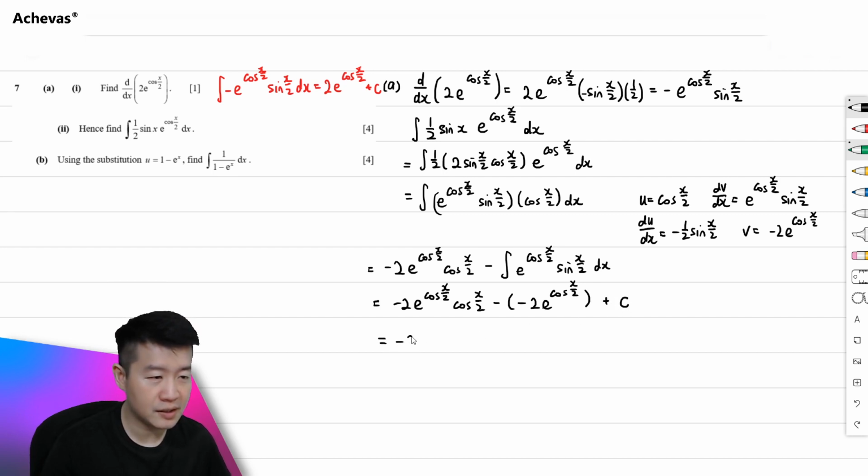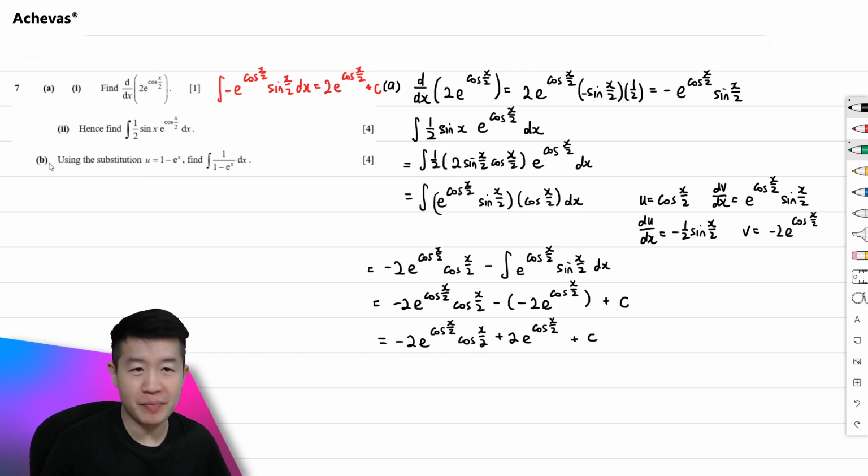So my final answer will be minus 2 e to the power of cosine x over 2, cosine x over 2 plus 2 e to the power of cosine x over 2 plus c. Okay, this is part 2.